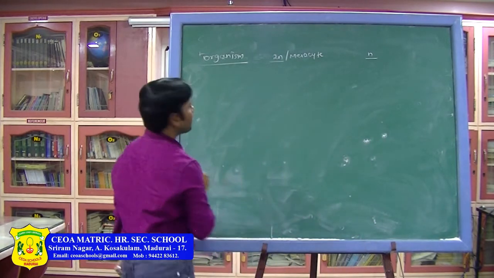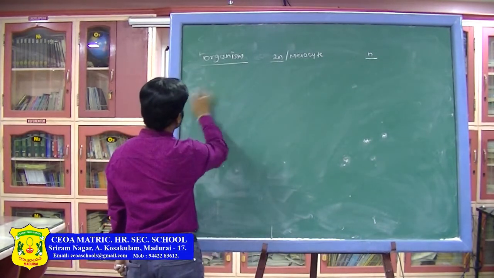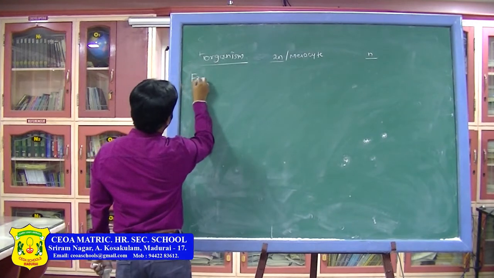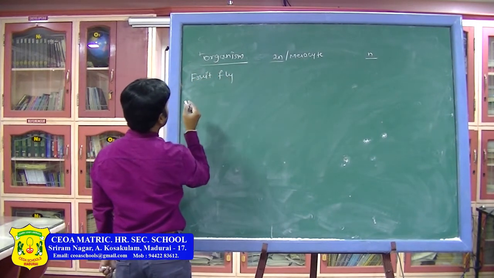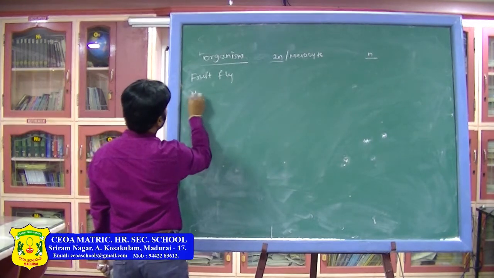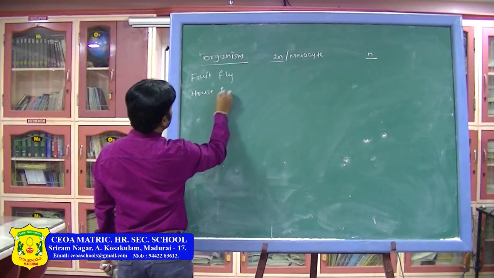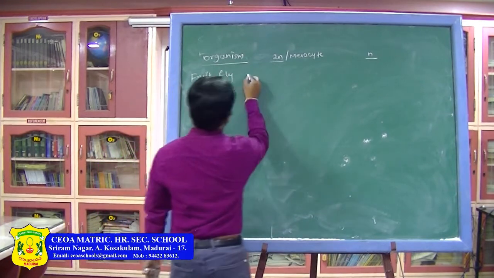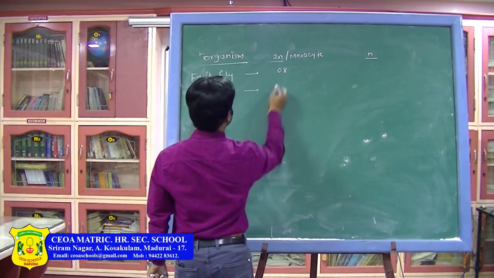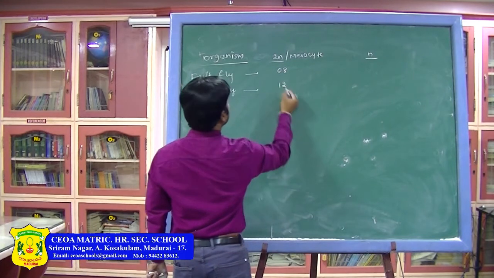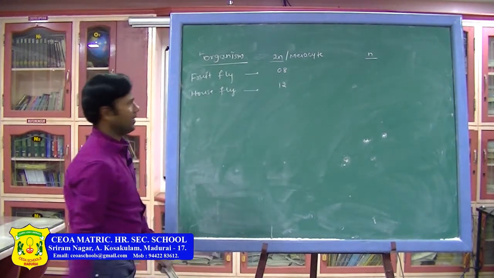First, fruit fly, house fly. The fruit fly has 8, house fly 12 chromosomes present in the meiocytes.